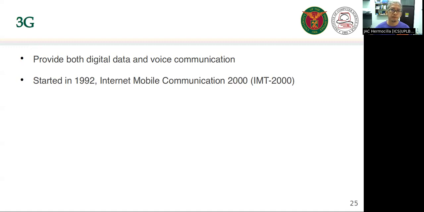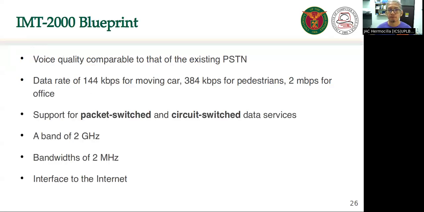But in 3G, digital data and voice communication are both priorities. It started in 1992, and it uses the internet. It has a standard called International Mobile Telecommunications 2000, or IMT 2000.